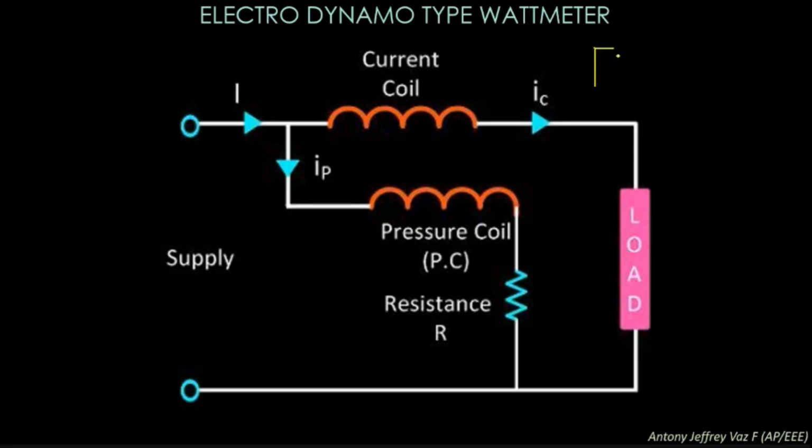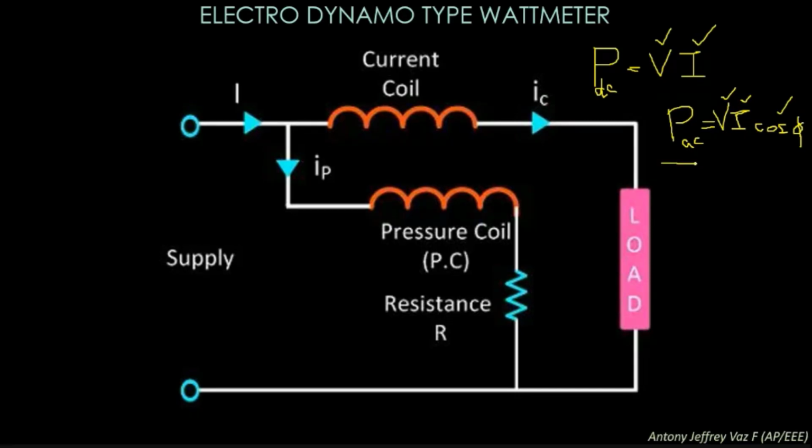For DC, P is equal to V into I. For AC, it is equivalent to VI cos phi. So the multiplication of voltage and current for DC, and of voltage, current and power factor for AC, gives you the power delivered or consumed by the load.